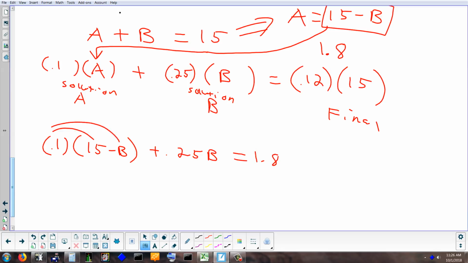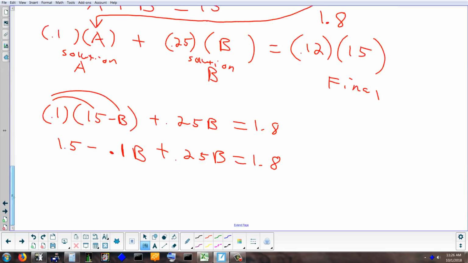So let's multiply that out. 0.1 times 15 is 1.5 minus 0.1b, plus 0.25b equals 1.8. Combine our like terms. What's negative 0.1 plus 0.25?